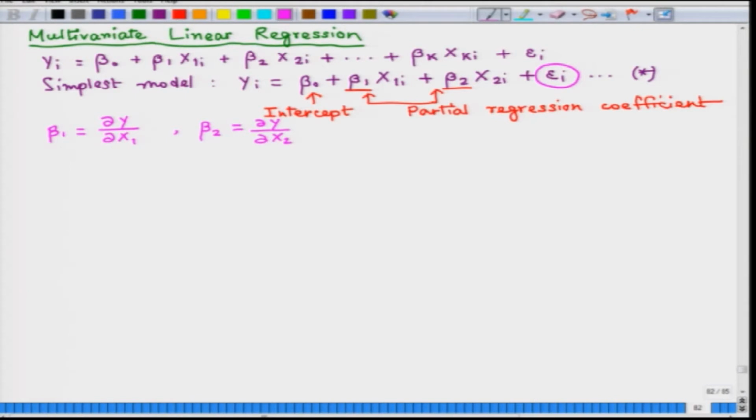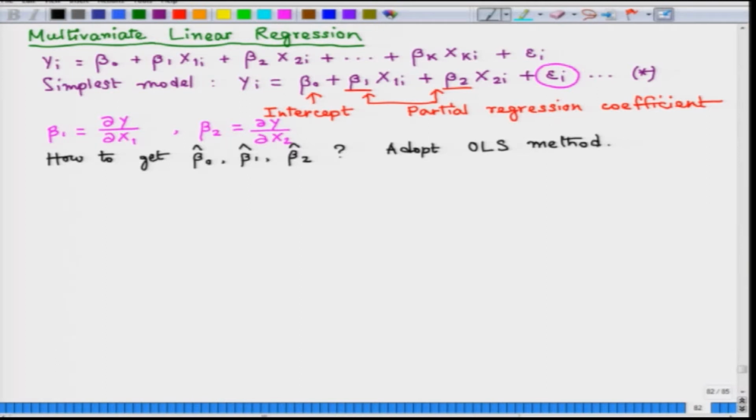Okay. Let us now concentrate on a statistical method to get estimates of these parameters, right. We are again going to adopt the OLS method that we have explained before, right.